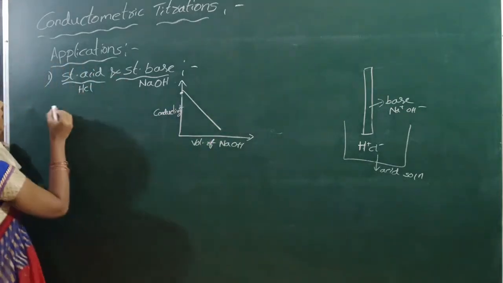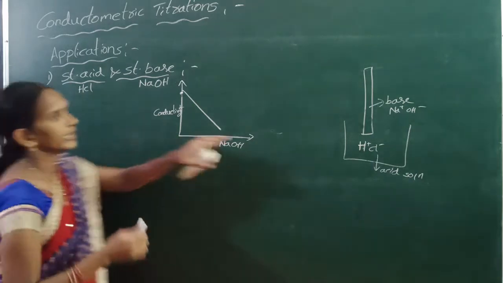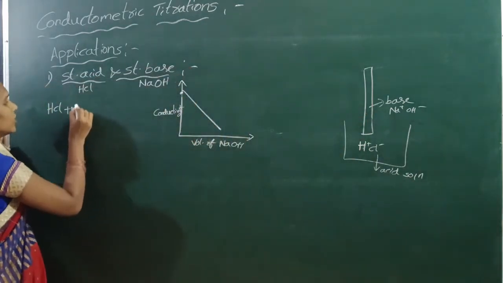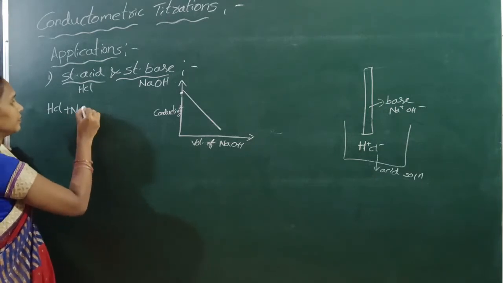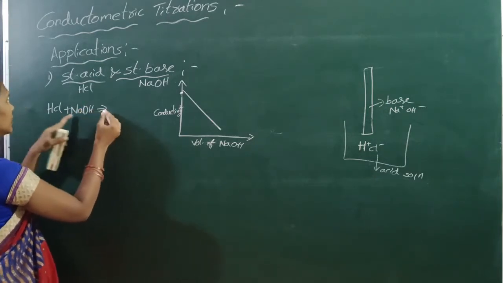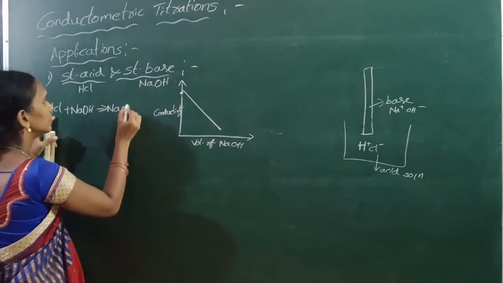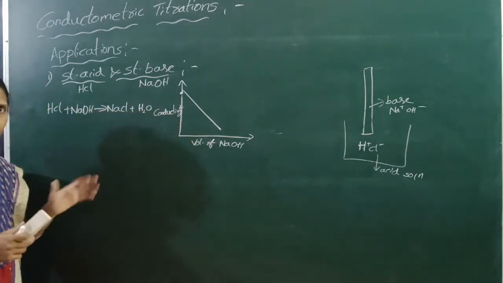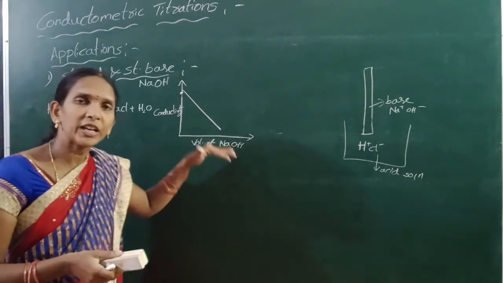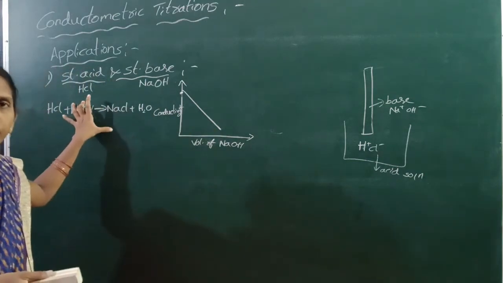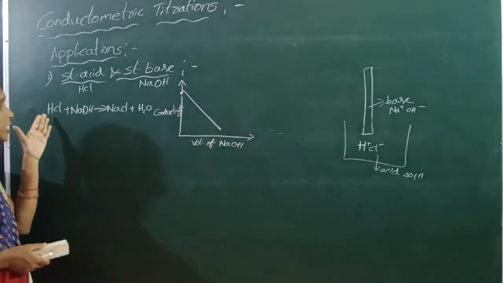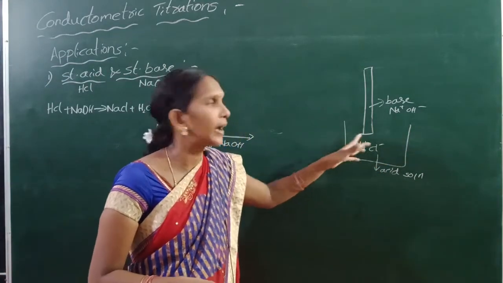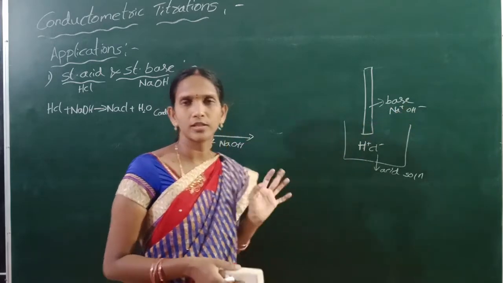That means the HCl reacts with base, that means NaOH, to form NaCl plus water. After completion of neutralization, all H plus ions are replaced by all Na plus ions.